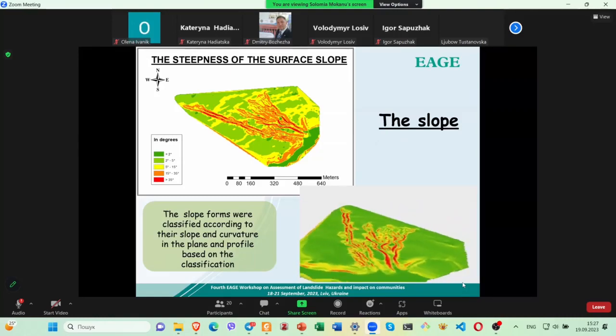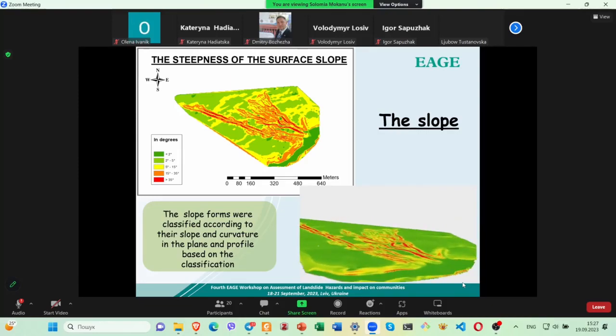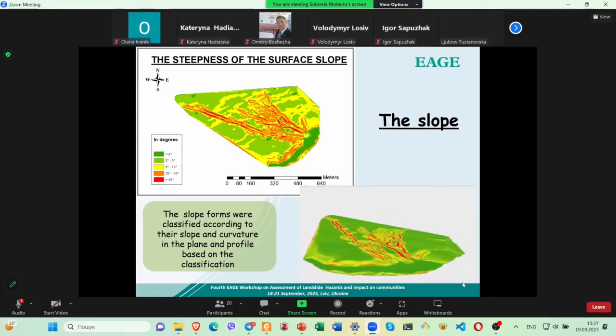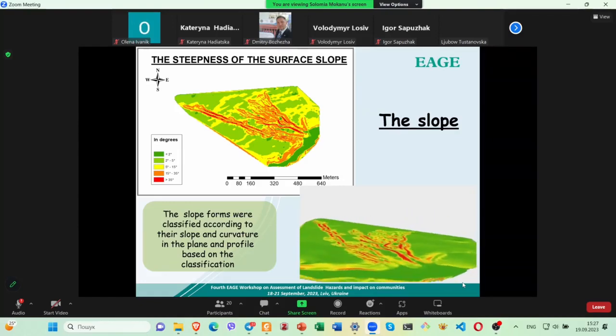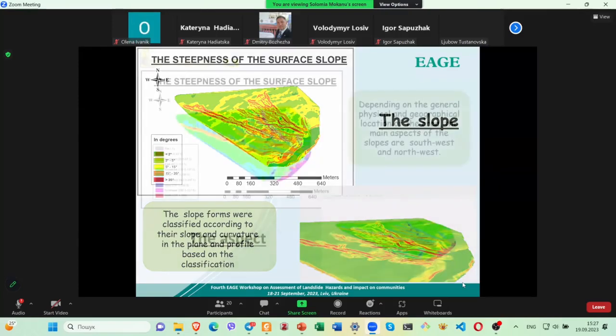A map was created with 5 classes: less than 2 degrees, representing flat areas; 2 to 5 degrees, slightly undulating areas; 5 to 15 degrees, gentle slopes; 15 to 35 degrees, medium slopes; and over 35 degrees, steep slopes. In terms of steepness, the ravine is classified as steep, with a slope greater than 35 degrees, and you can see this in this picture.